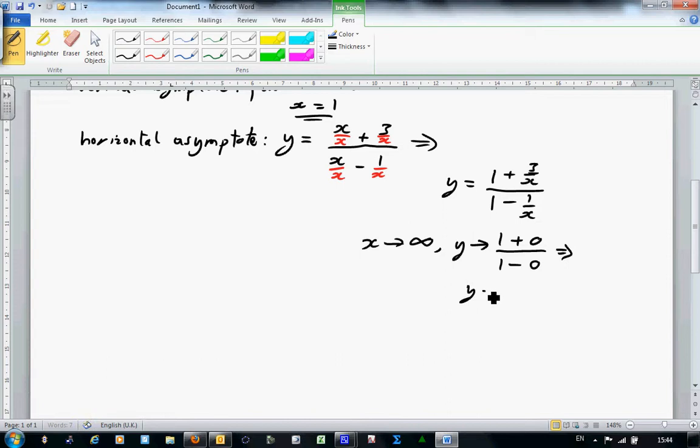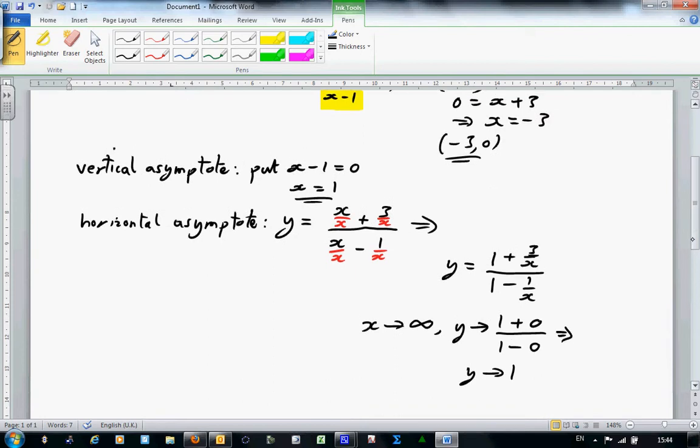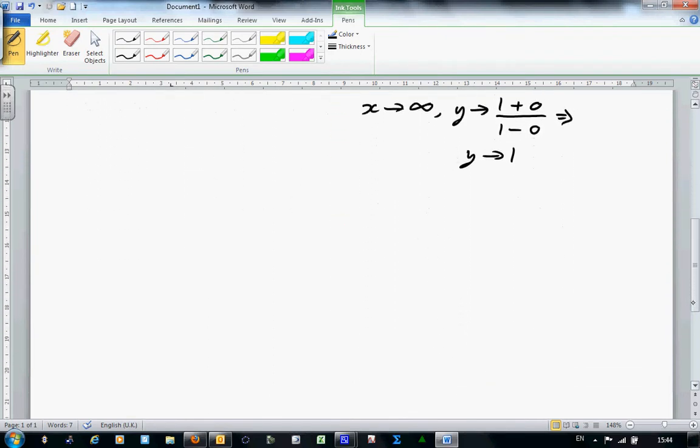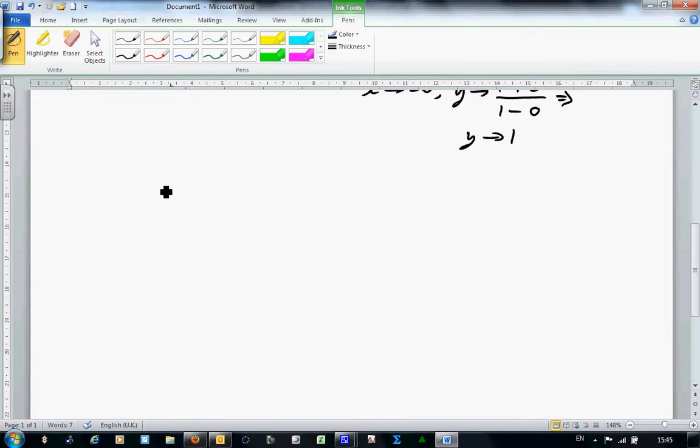Alright, so let's have a look at what we've got so far. We have an x and a y axis. We have 2 intercepts, (0, -3) and (-3, 0).